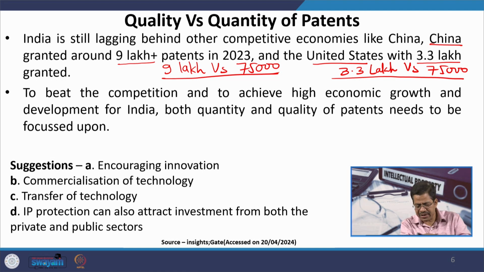If you start focusing too much on quality aspects, it may actually not be so desired by the masses. People will feel that it is not my cup of tea, and therefore, many of us will be hesitant to go for the IP regime. And therefore, in the beginning, to create an IP culture, we should focus more on quantity.